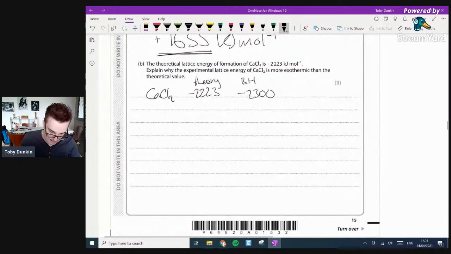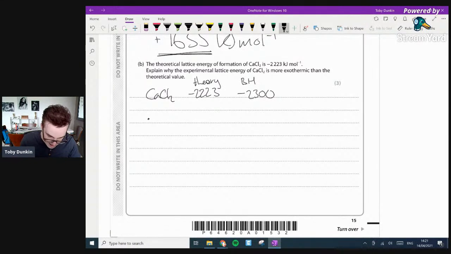So the reason being, number 1, calcium chloride, CaCl2, has partial covalent character.